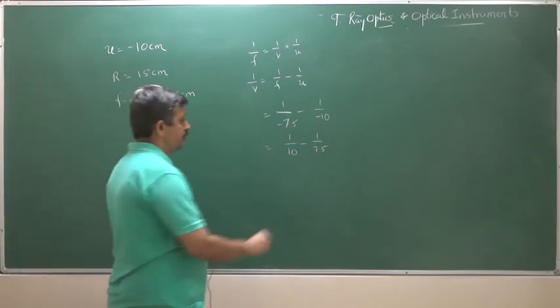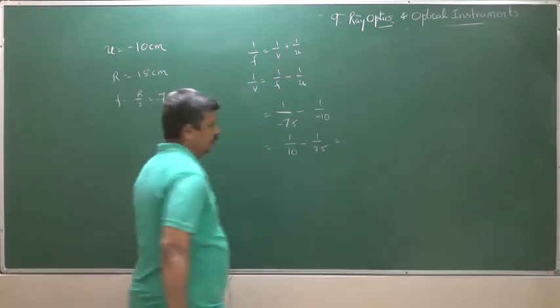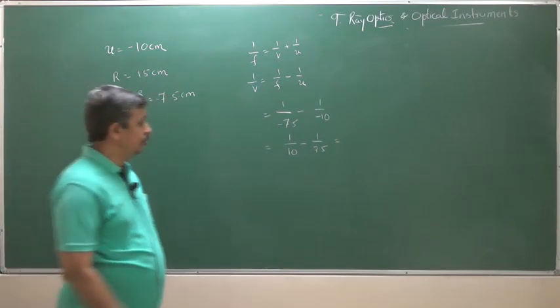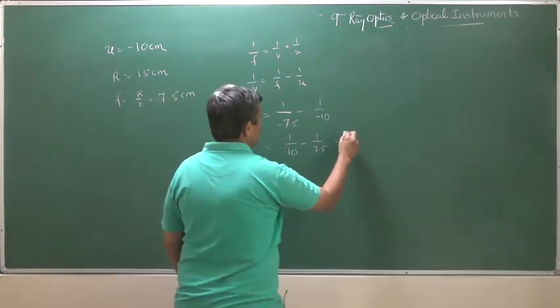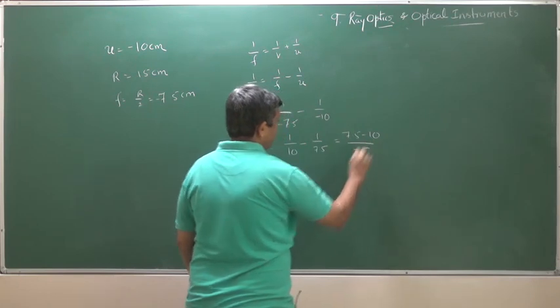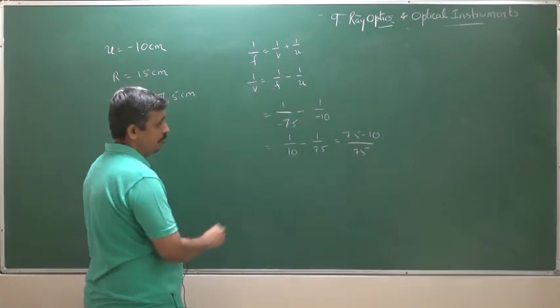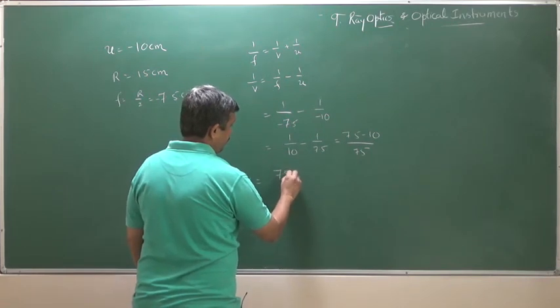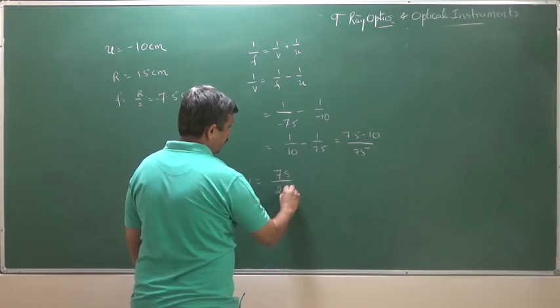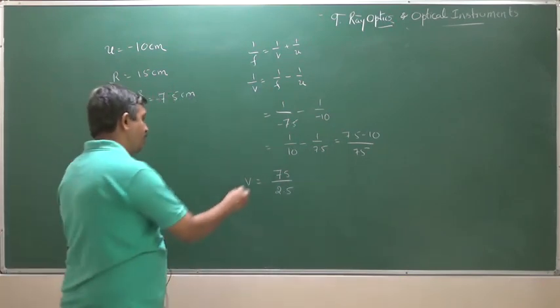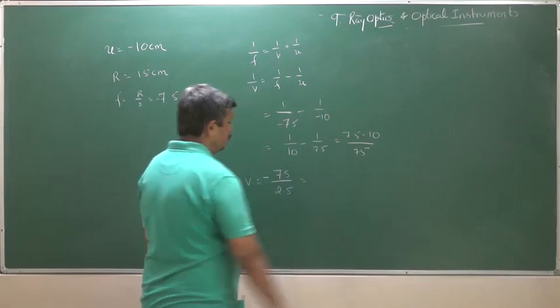Let's calculate this: 7.5 minus 10 divided by 75. This is 1 by v. So v is equal to 75 divided by 2.5, negative.